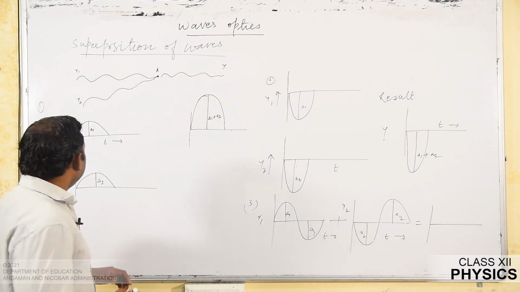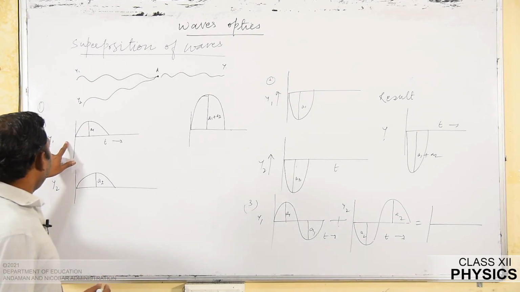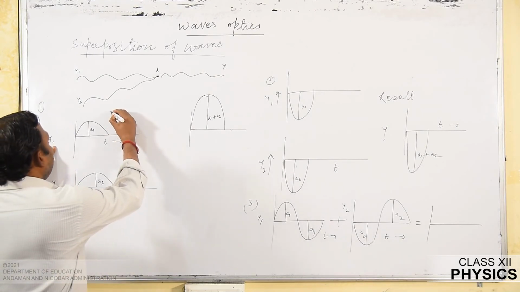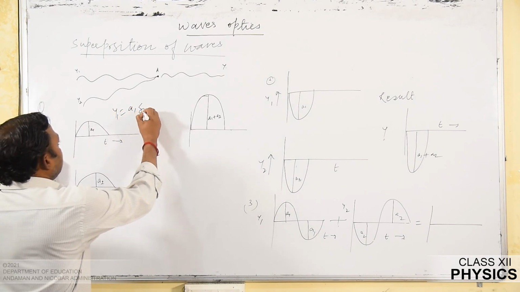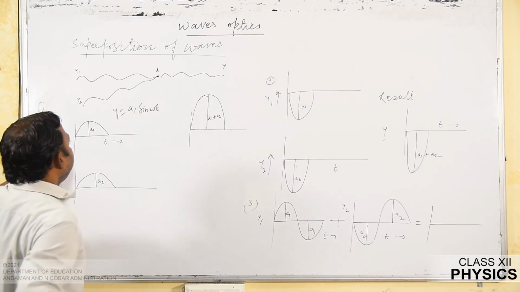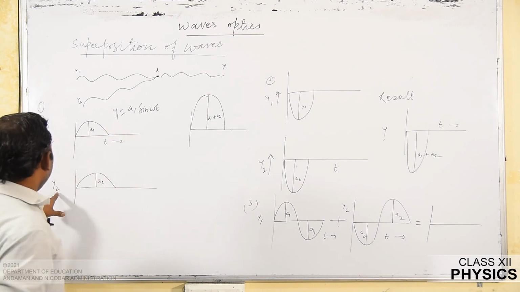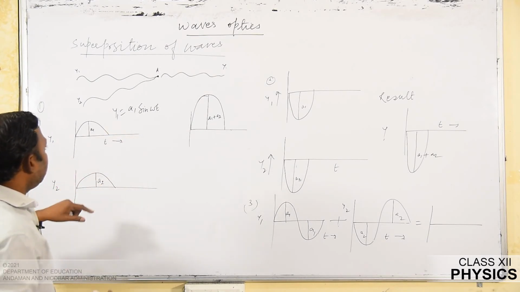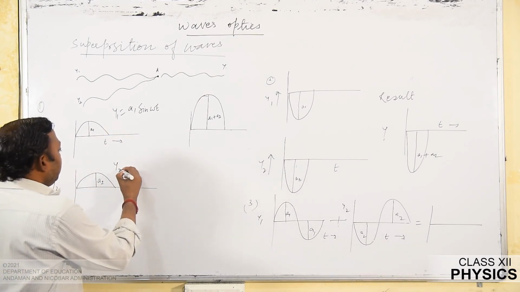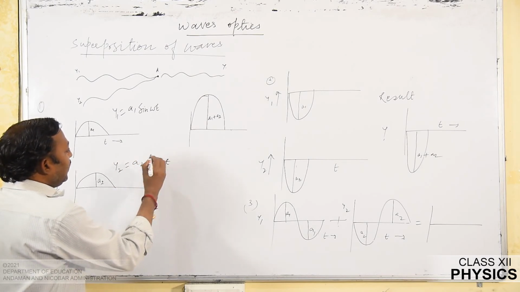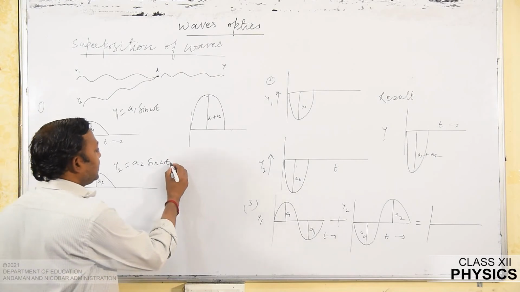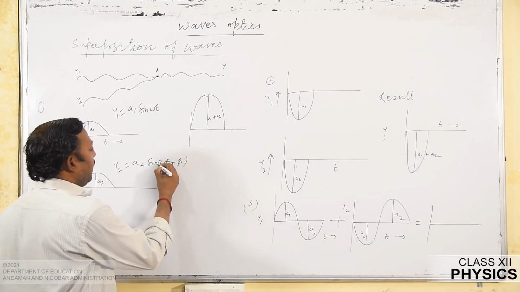Here we have one of the waves y1, which is given by y1 is equal to a1 sin omega t. Now the second one, y2, has amplitude a2, so this equation can be represented as y2 is equal to a2 sin omega t, or if any phase is there then you can take the phase as pi.